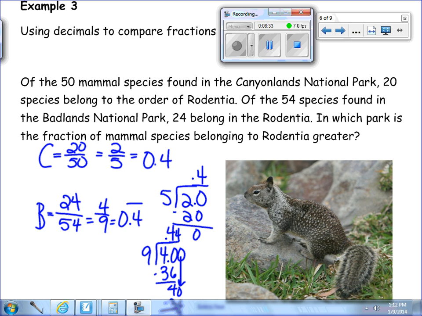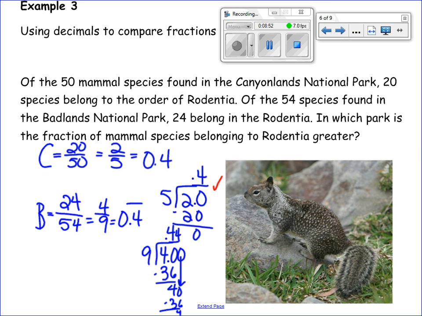So I abbreviated the Canyonlands National Park to C. There were 20 out of the 50 mammal species for the Rodentia, and I simplified that fraction to 2/5. Then I divided 2 by 5, and I got 4/10. So that is 2/5 in decimal form.